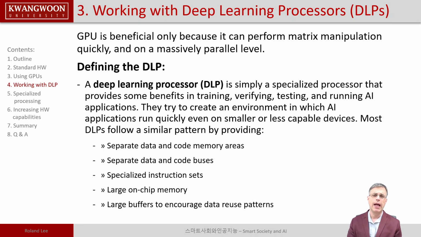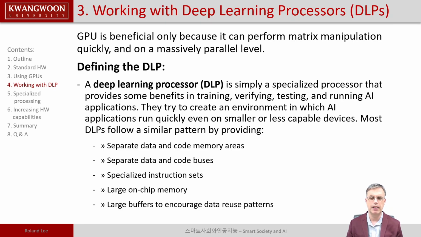It's a specialized processor that provides some benefits in training, verifying, testing, and running AI applications. They try to create an environment in which AI applications run quickly, even on smaller, less capable devices.